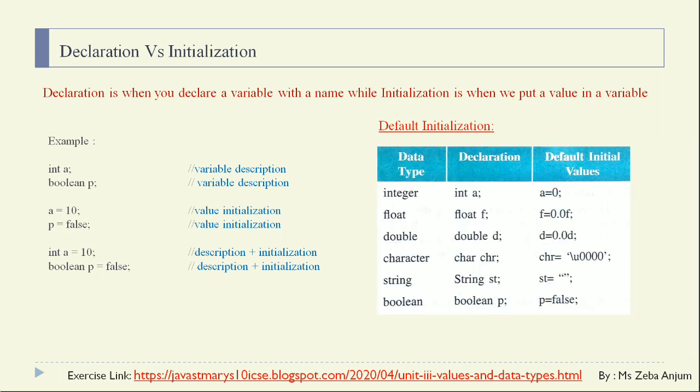See, we have a table: for integer, your default value is a equals 0, for float 0.0f, and so on. Now what we actually want to say is, see this example again, int a. If we are declaring int a within any function, then at this point of time this a will be holding some garbage value.